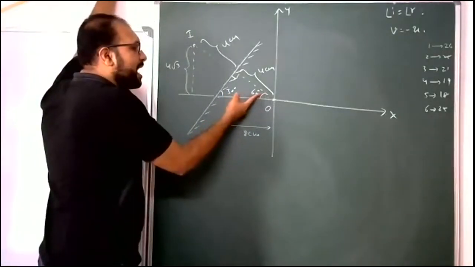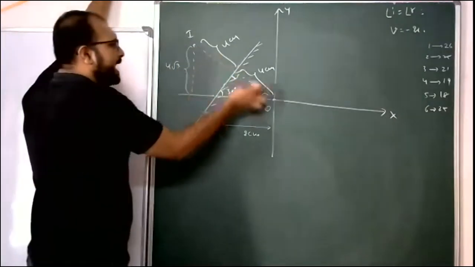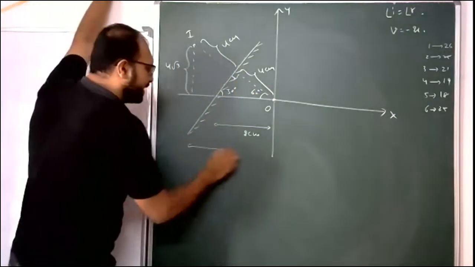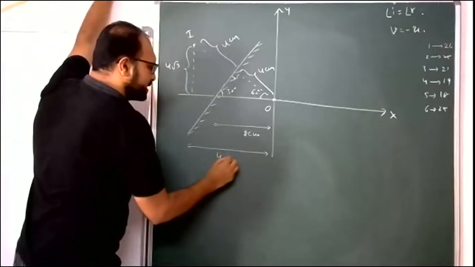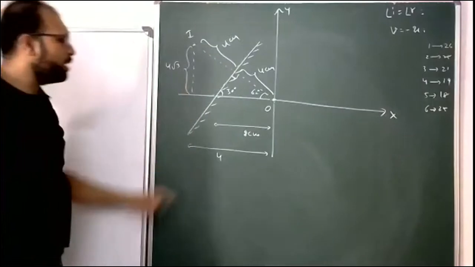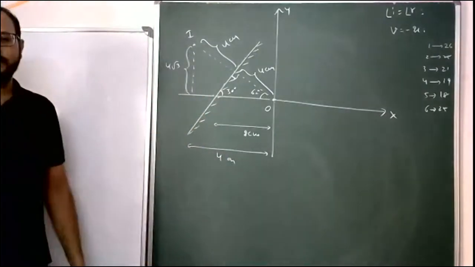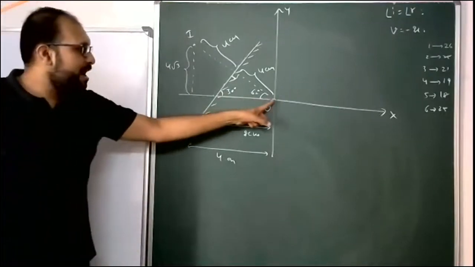Yes, here adjacent is cos 60, 1 by 2. So already hypotenuse is 8. So that's why from here to here, students, yes, so 4. That means total 8. Now here 4. But now 4 on which side, students? Left side, because it is the origin.